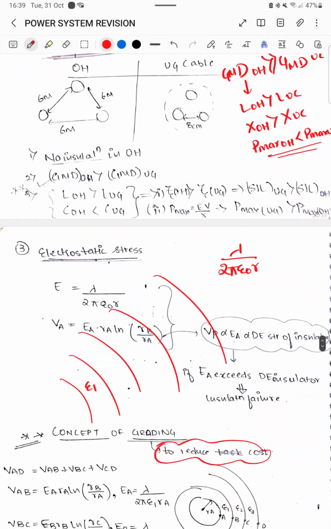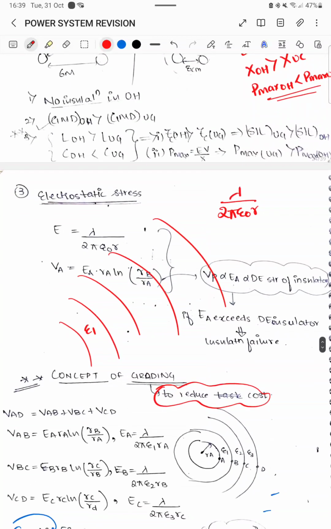Then we saw electrostatic stress, lambda E is equal to lambda upon 2 pi epsilon, and then we saw V at any point is E at that point into R of that point ln of R upon RB, let's say.